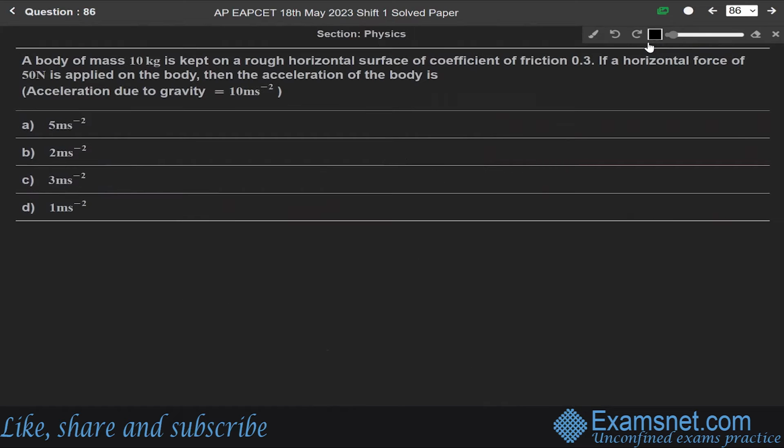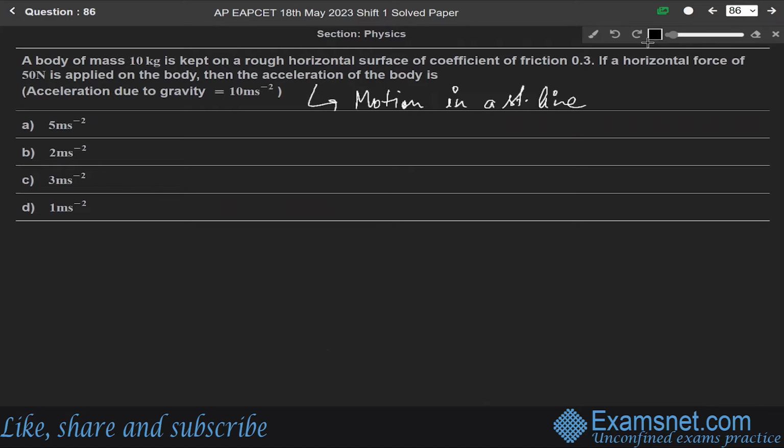Now next question, 86. A body of mass 10 kg is kept on a rough horizontal surface with coefficient of friction 0.3. If a horizontal force of 50 Newton is applied on the body, then the acceleration of the body is? This question is from the chapter of motion in a straight line.